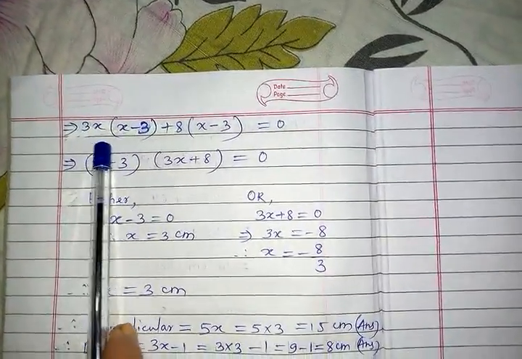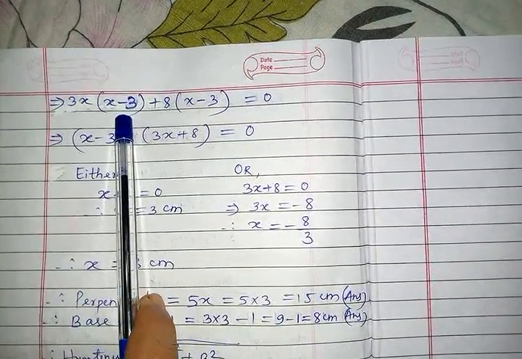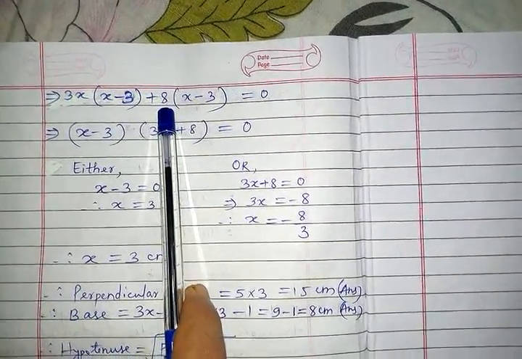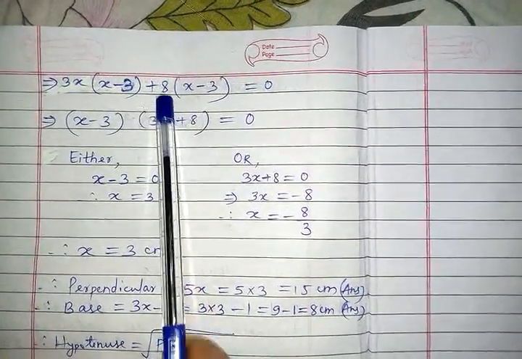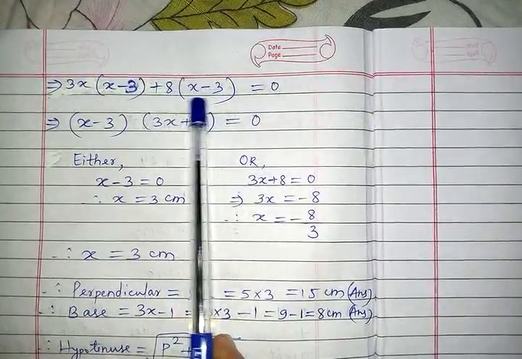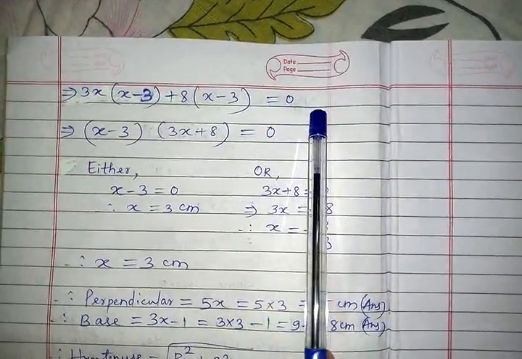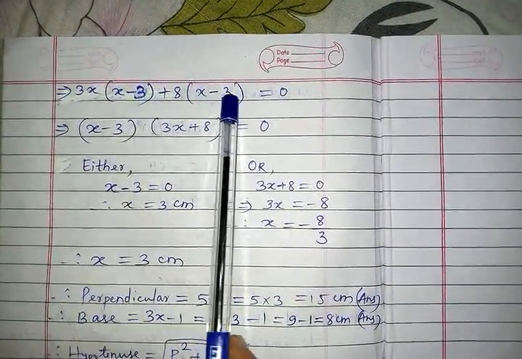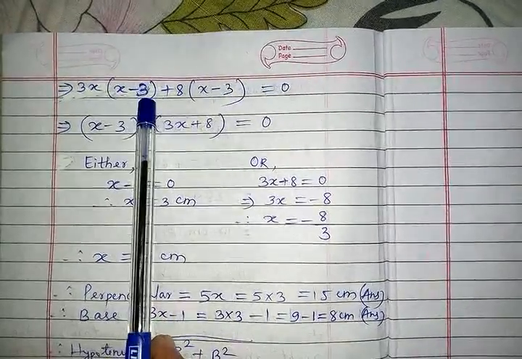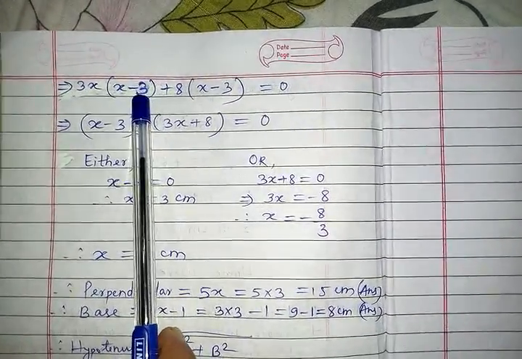So here we took 3 common from the first and second terms and got x minus 3 in the bracket, and from the third and fourth terms we took plus 8 common and also got x minus 3, equal to 0. When we get the same expression in the bracket, we know we are in the right direction.